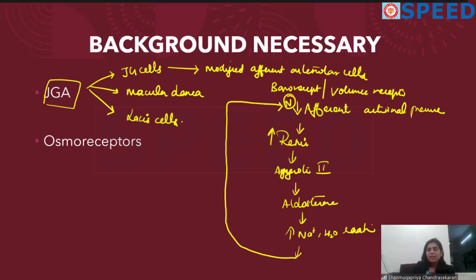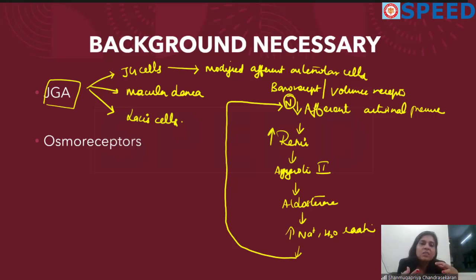Do you understand this? If you are asked what is the function of the JG apparatus, you should say it retains water and it retains sodium. In that case, what should be the stimulus? A decrease in the volume.